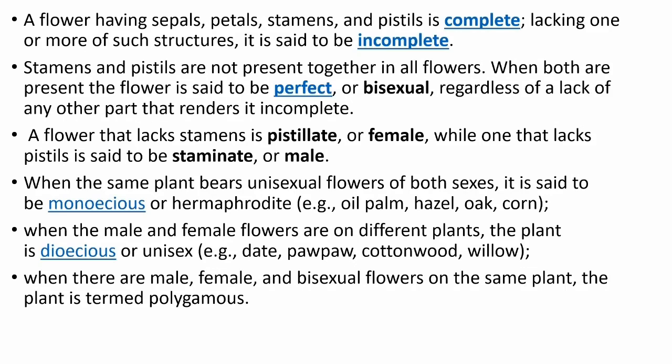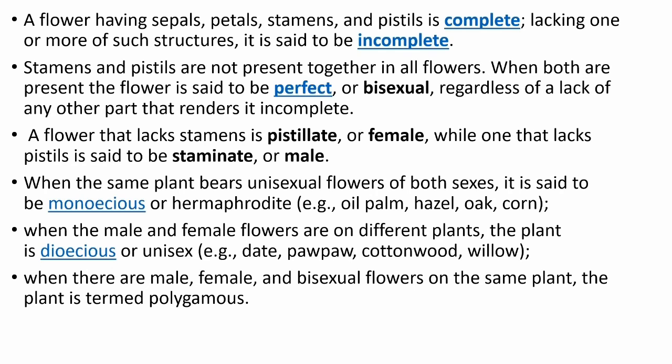We also refer to it as bisexual, that is, containing the two sexual structures. Regardless of the lack of any other parts which renders it incomplete, we can have a perfect flower which is incomplete and also complete.